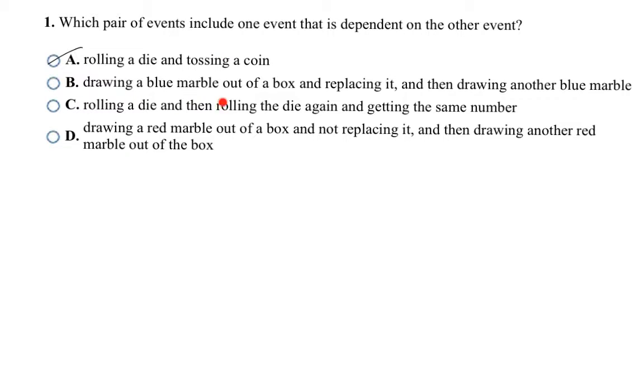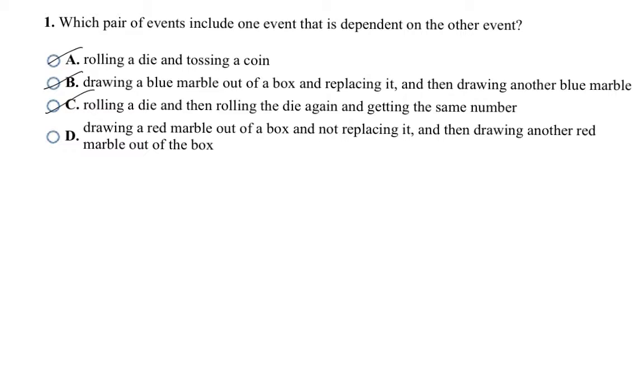B, drawing a blue marble out of a box, replacing it, and then drawing another blue marble. Because it was replaced, that makes it two independent events, so it's not B. C, rolling a die and then rolling a die again, getting the same number. When you roll a die back to back, what you roll the first time doesn't affect what you roll the second time.